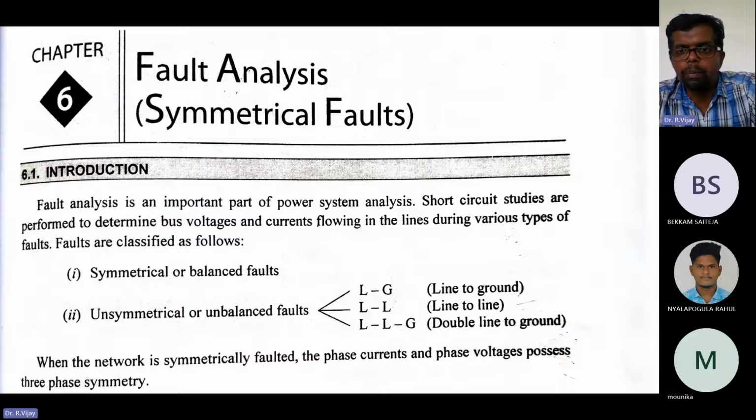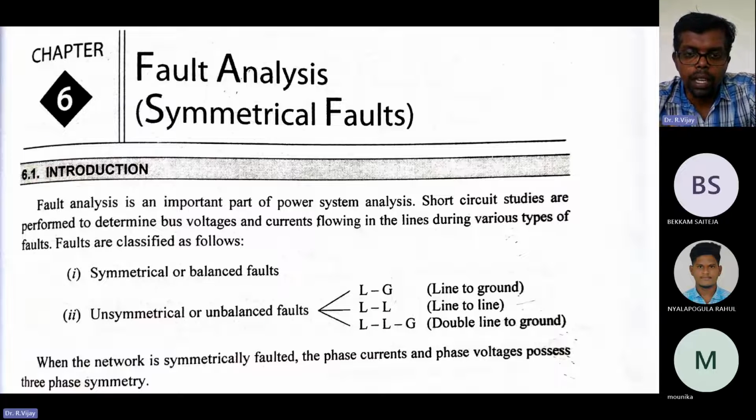It is one of the important problems because there is no power system without fault. Any power system you take, sometimes a fault may occur, but our main motive is to avoid the occurrence of that fault.